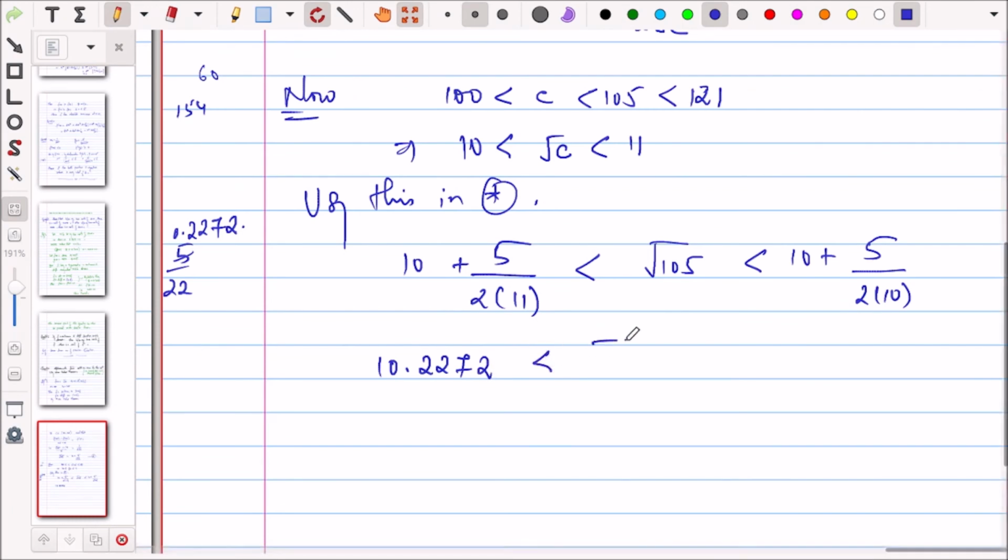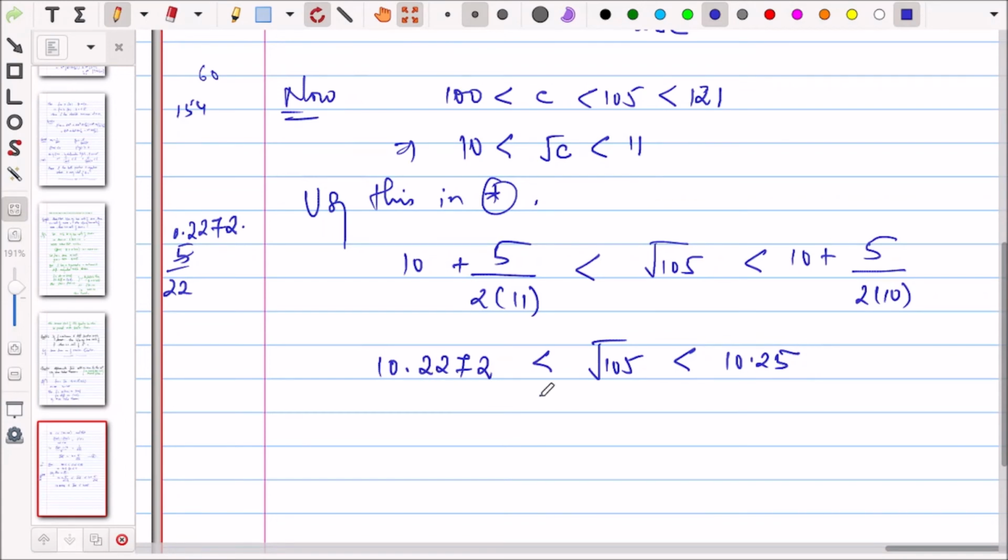Yes, sir. And this is less than root 105, this is less than, and this will be 5 by 20, which is 0.25, right? 10.25, fine.